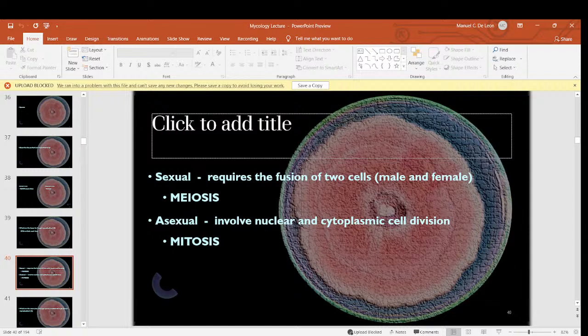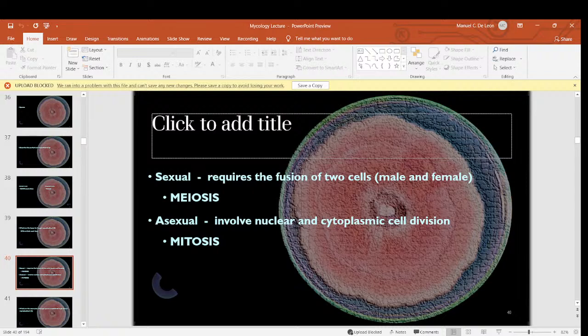The sexual phase is meiosis, which requires the fusion of two male or female, or what we call positive or negative haploids. Hence there is meiosis, and then you have asexual, which involves nuclear or cytoplasmic cell division. All right, and that is mitosis.